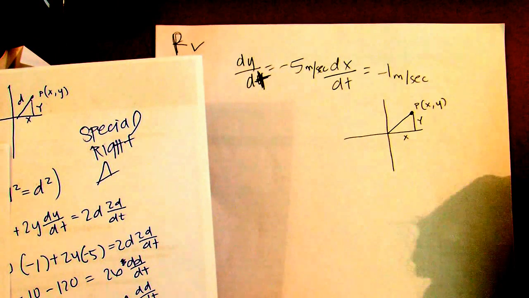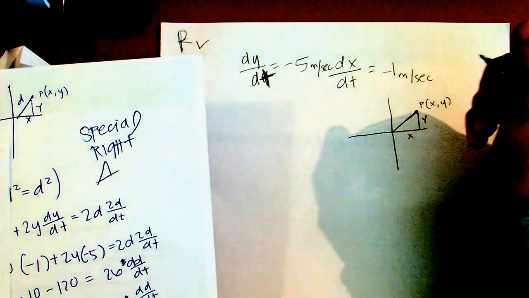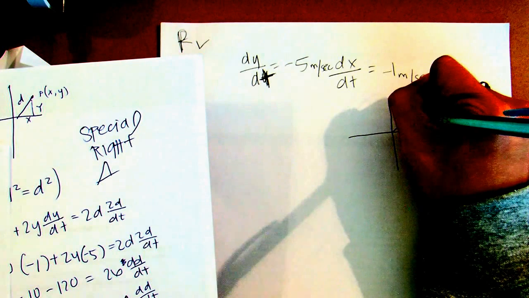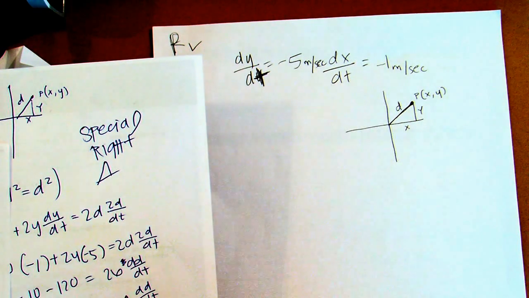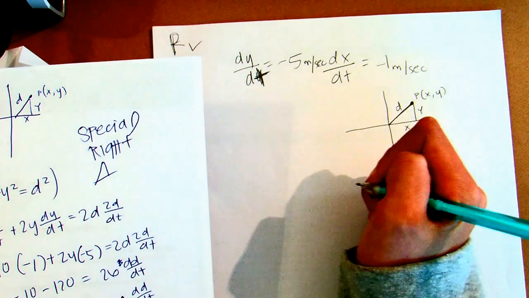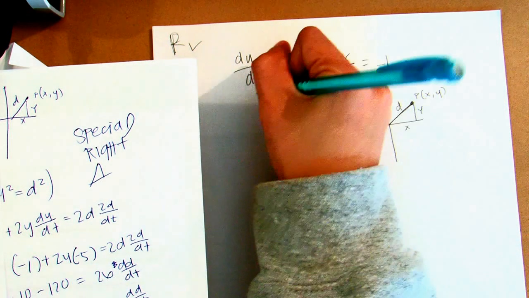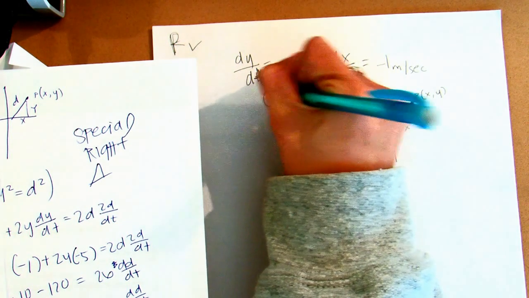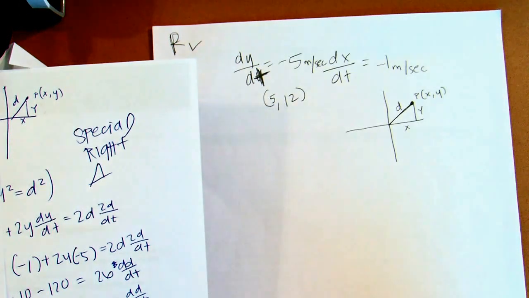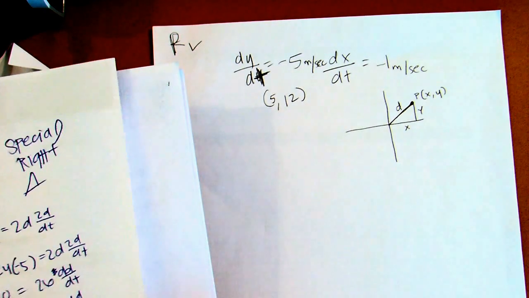And now we have to find a variable for the distance, so we could call that d for distance. And we know the coordinates they gave us is 5 and 12.